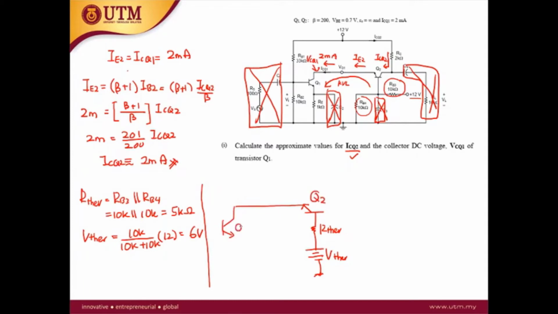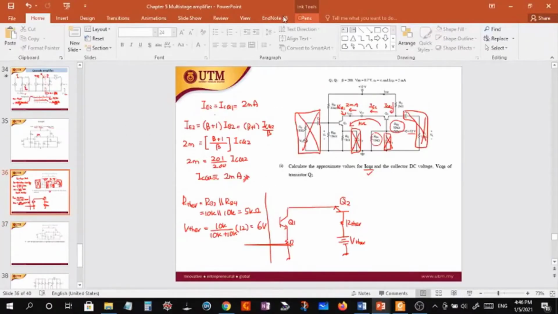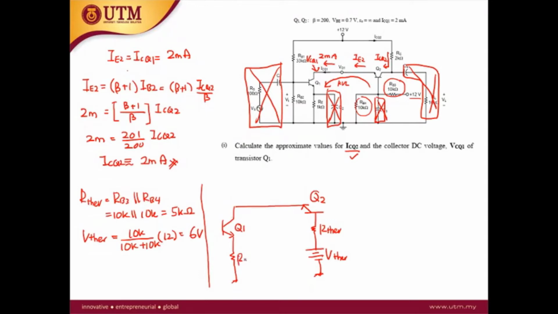This is the Q1. This is the RE. So the point here, we want to calculate the VCQ1. So our KVL, we start from the VTH and then the R Thevenin, VBE, and end at the VCQ1.